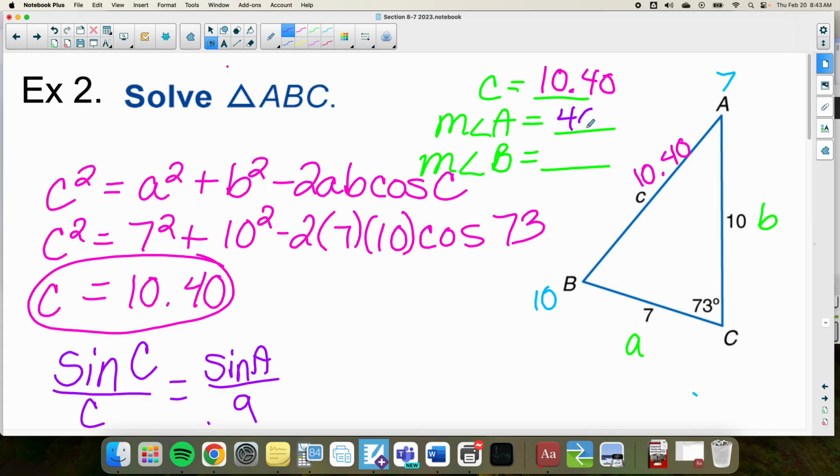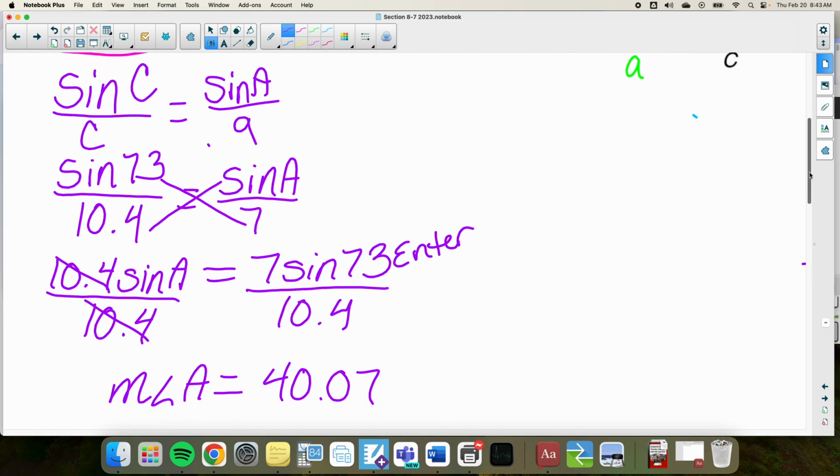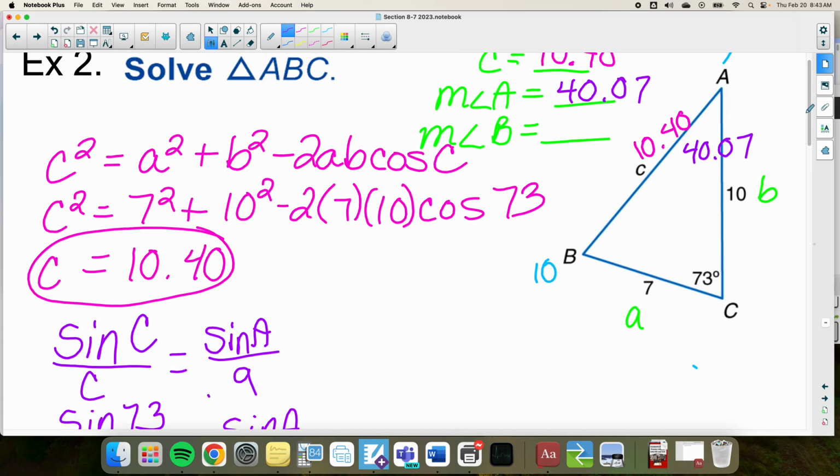And then once you find that, it goes here, and then you can easily find angle B by just adding those two together and subtracting from 180. So if I try that, I have 73 plus 40.07. That would give us 113.07.